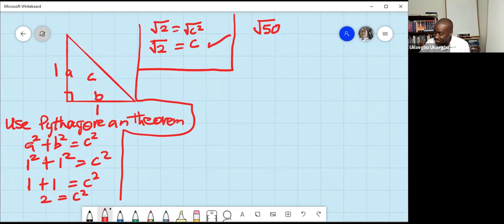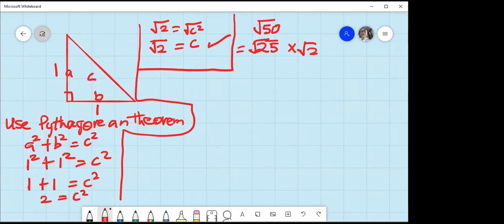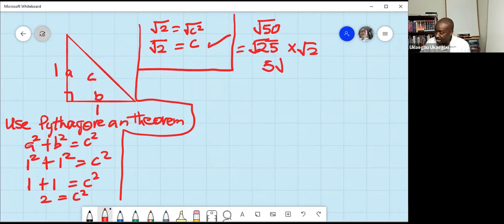He said square root of 25 and square root of 2. You see? So what is square root of 25? 5. Thank you. So we ended up with 5 square root of 2. So isn't that a radical expression or radical number again?